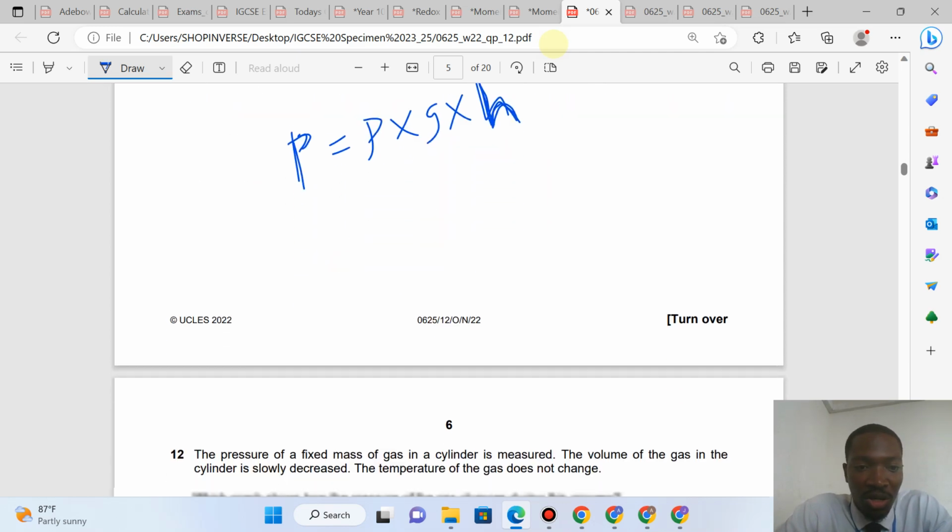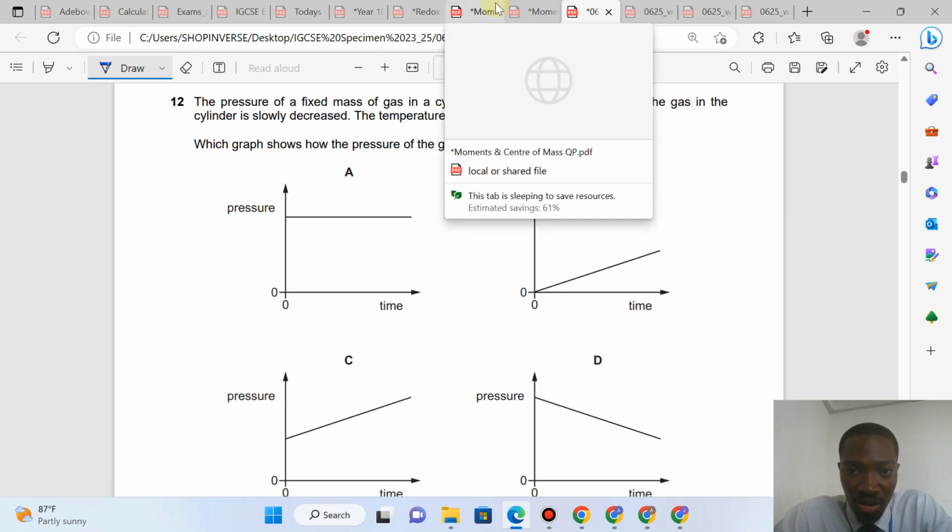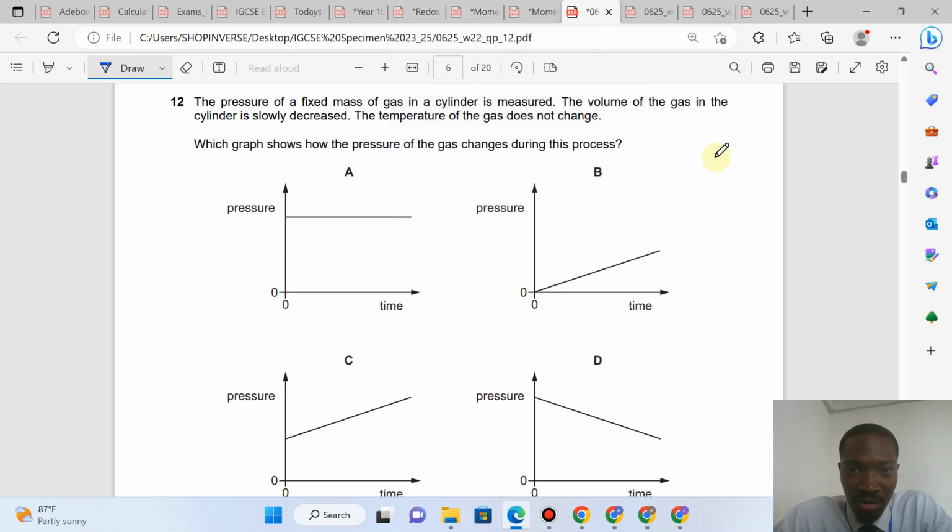Good. So question 12. The pressure of a fixed mass of gas in a cylinder is measured. The volume of the gas in the cylinder is slowly decreased. The temperature of the gas does not change.